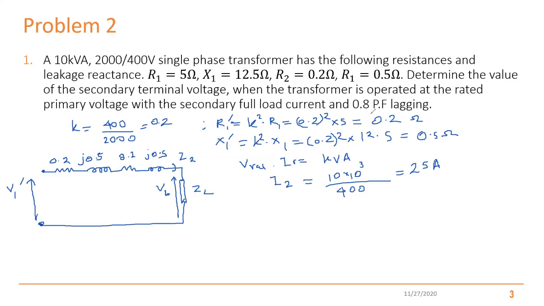So now I know 25 amperes. The power factor is also known. So if I know the load voltage, I can represent the load current I2 as well. Therefore, what I am going to do now is consider the VL phasor as the reference phasor.